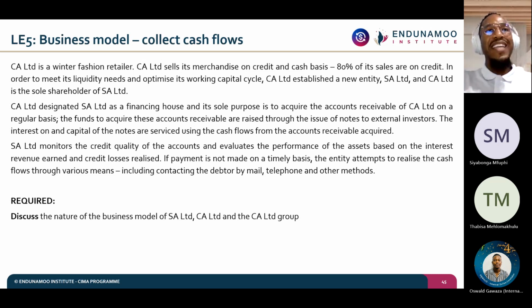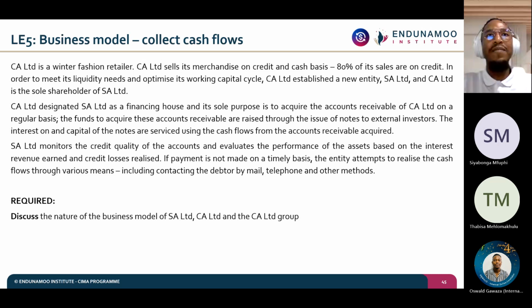CA Limited has designated its subsidiary, SA Limited, as a financing house, and its sole purpose is to acquire the accounts receivable of CA Limited on a regular basis. That is, the funds to acquire these accounts receivable are raised through the issue of notes to external investors.